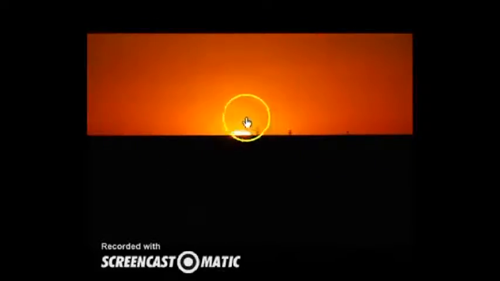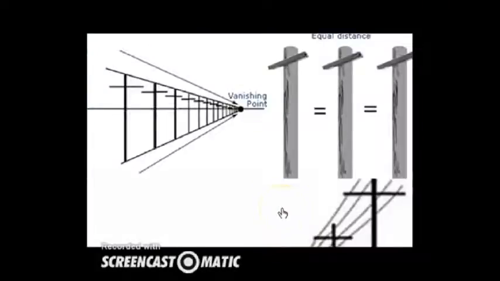Now people see the sun, they say, oh, the sun must be going around the ball of the earth, around the globe. And this isn't the case, and I'll explain that. It's just like this model here with these telephone poles called the vanishing point.